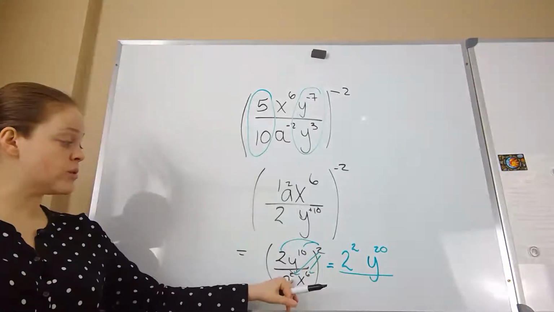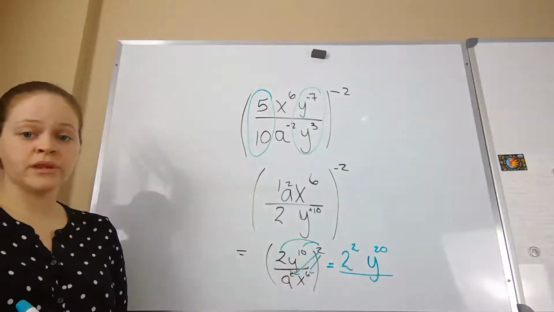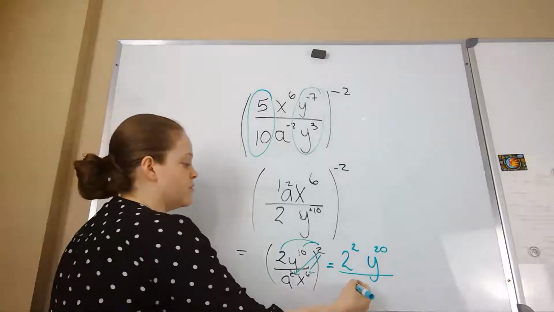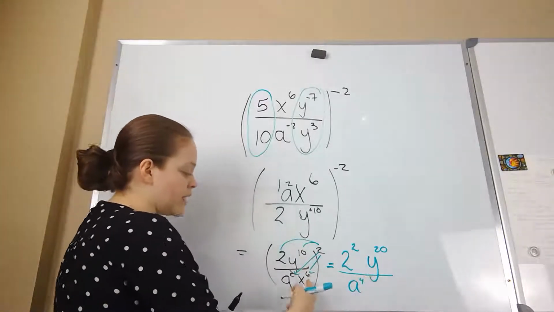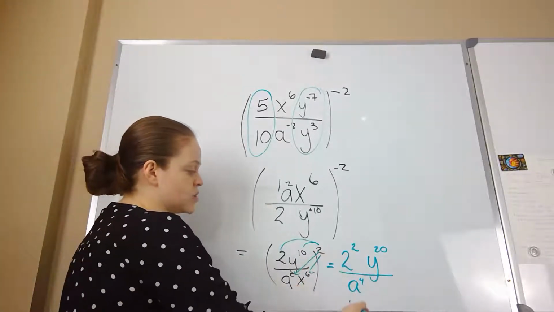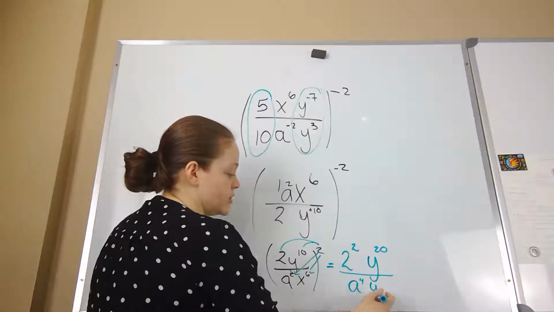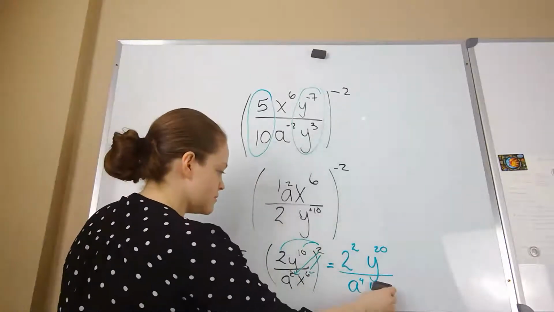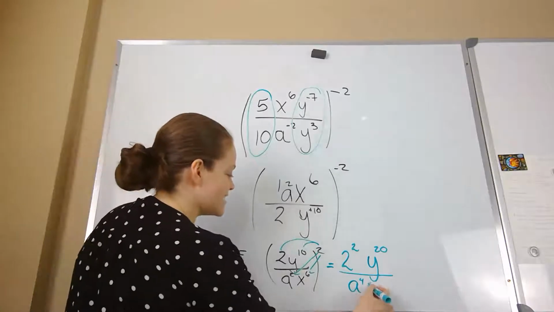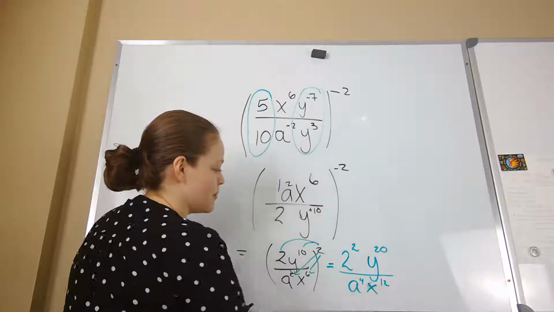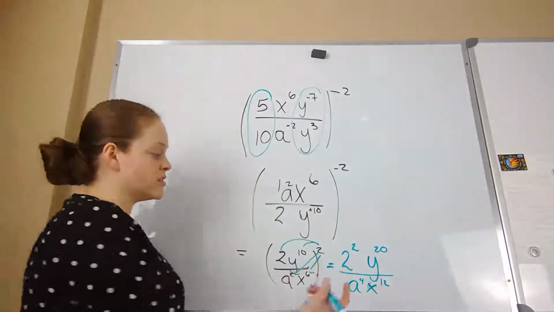Then we have a squared, and we have it squared again. So we multiply, that's a to the 4. And then we have x to the 6 times 2. So we have x to the 12. And then you know that 2 squared is just 4.